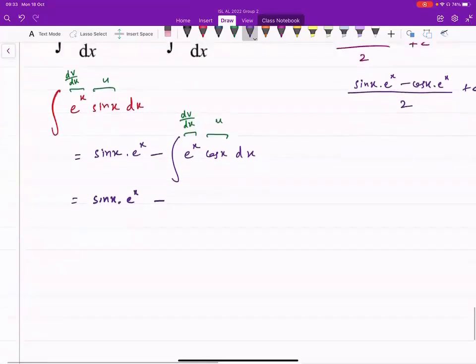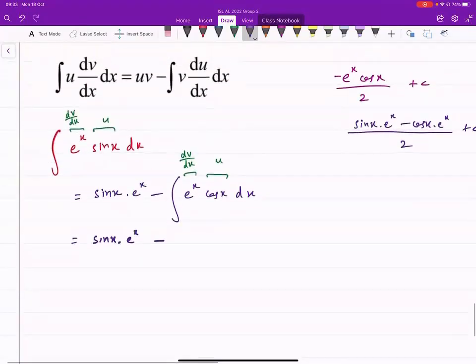On this we again apply integration by parts, keeping the whole thing inside a bracket. u into v. What's u? u is cos of x, into v, the integral of e raised to power x, which is e raised to power x, minus the integral of v, e raised to power x, into the derivative of cos, which is minus sin x. We got minus sin x here.